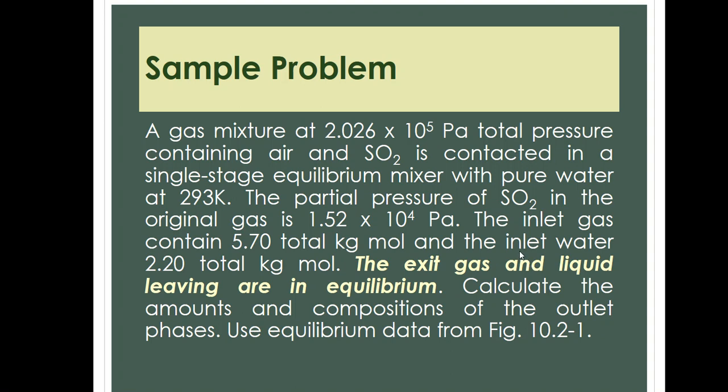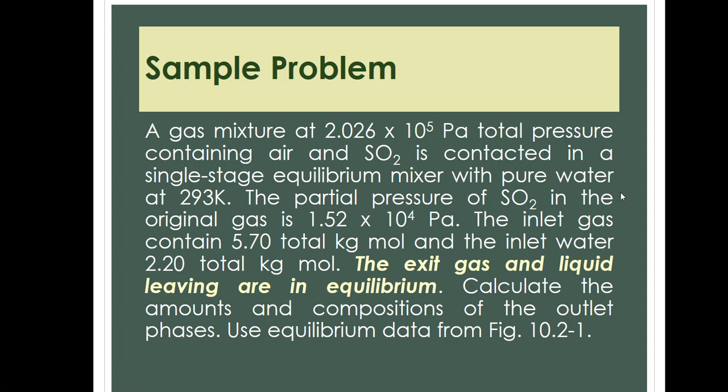Now, to illustrate the use of the material balance equation, we have this sample problem of a gas mixture having a total pressure of 2.026 times 10 raised to 5 Pascal. This gas mixture, take note, is composed of air and SO2, and they are contacted in a single stage equilibrium mixture with the solvent, which is pure water at 293 Kelvin.